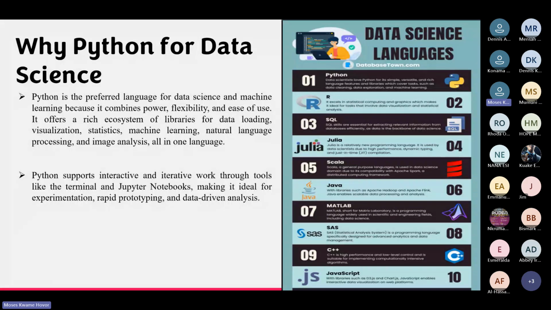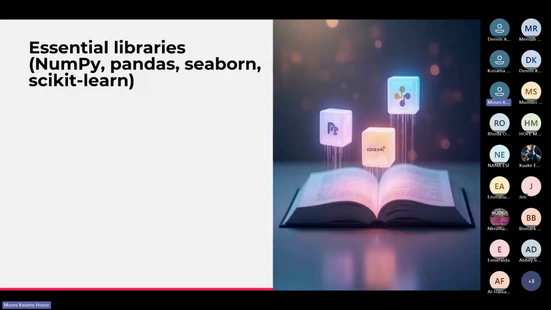All right, so the essential libraries we'll be talking about today start with NumPy. I've mentioned NumPy, Pandas, and Matplotlib for a while now, so I have to talk to you about what they actually mean. NumPy is a library in Python that supports numerical operations.